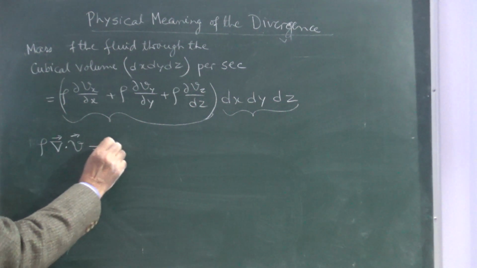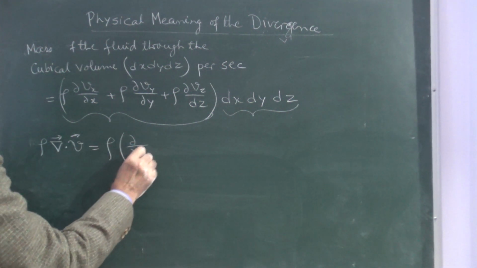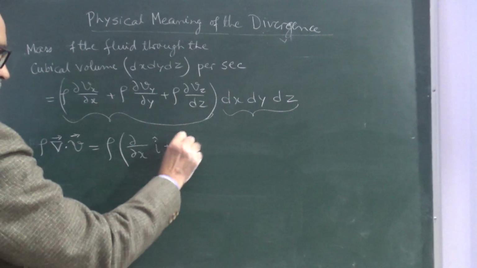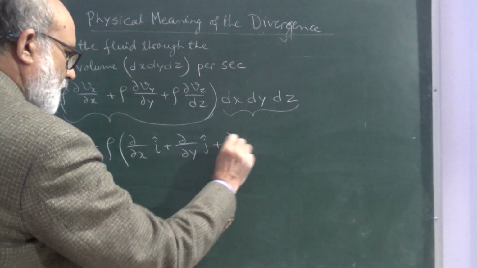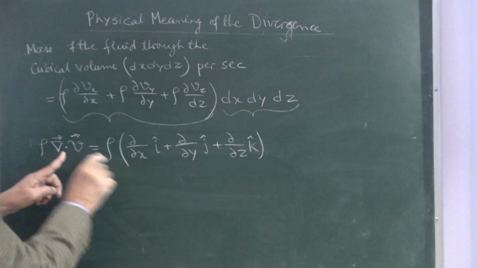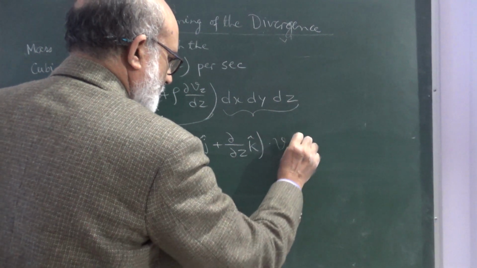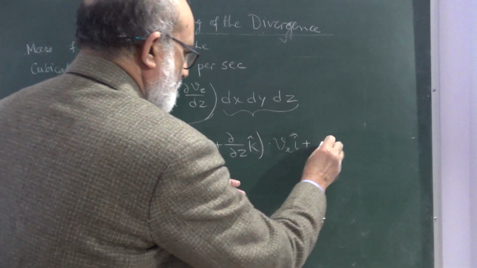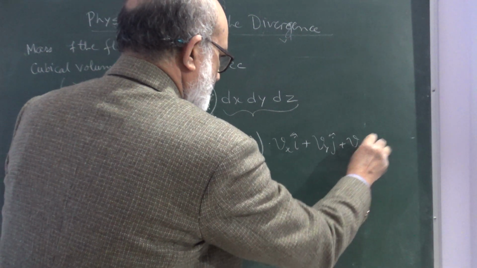So it can be written as rho times del by del x i plus del by del y j plus del by del z k, and this is the velocity: vx i plus vy j plus vz k.